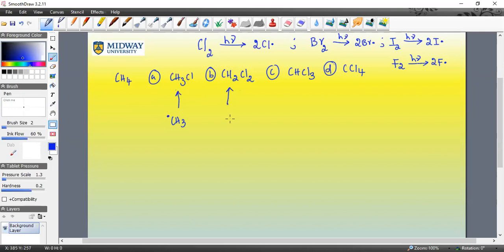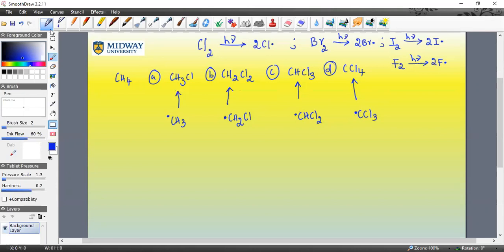Before we made this, this is what we had. That Cl was already attached, and then we had the free radical on the carbon. And in the same case, before we made this, we had CHCl2 and dot. And in this case, again, we had this before the chlorine combined to generate it.